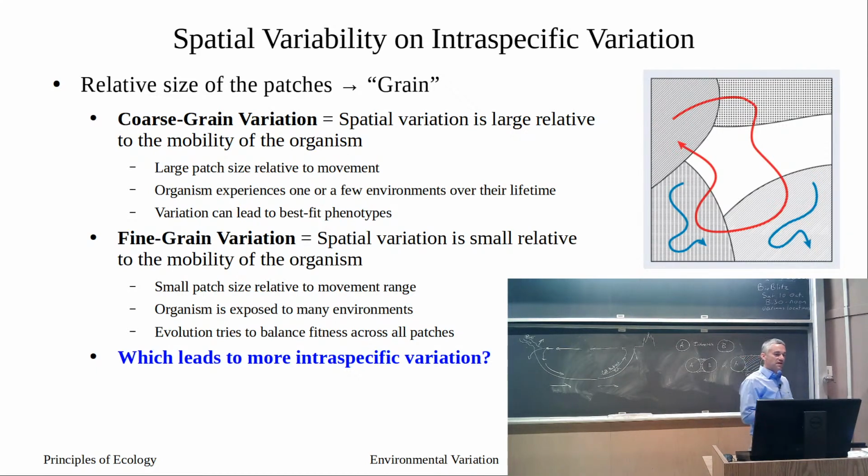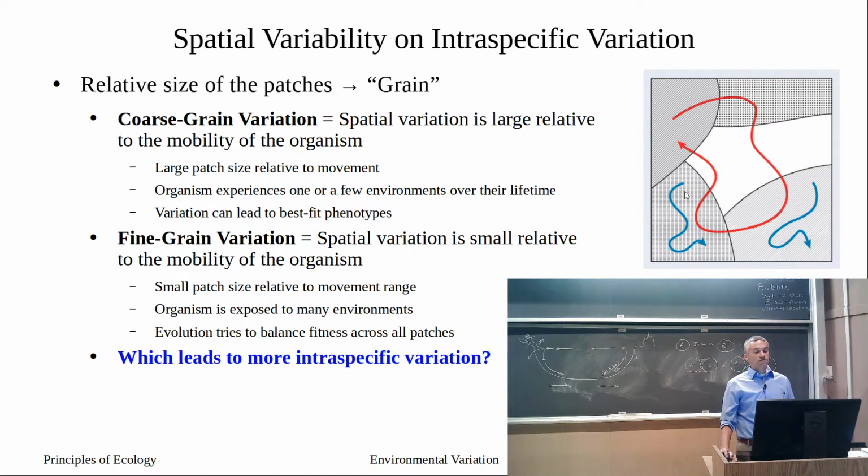All right, so what's coarse grain variation? In coarse grain variation, our spatial variation is very large relative to the movement of our organism. In our diagram here, each of these cross hatches represents a patch, and the lines represent a different species. A species that sees its environment as coarse-grained typically only sees one type of patch throughout its life.